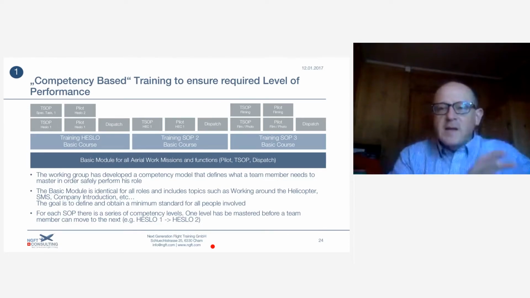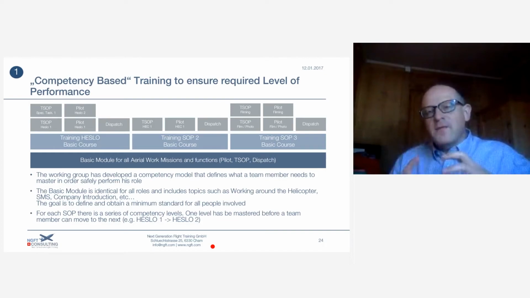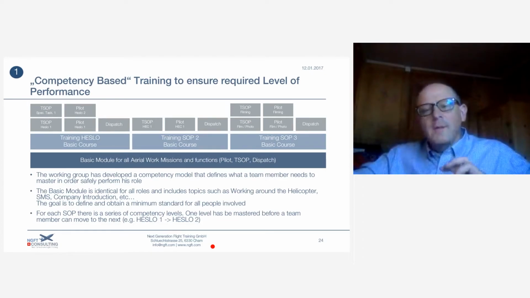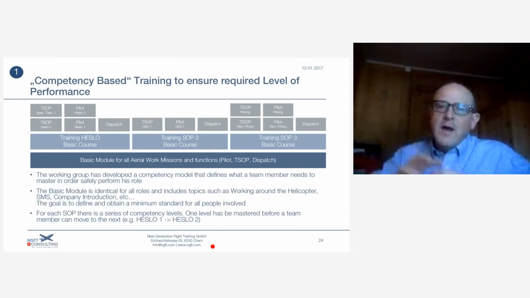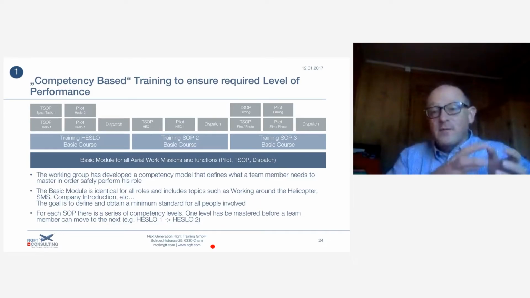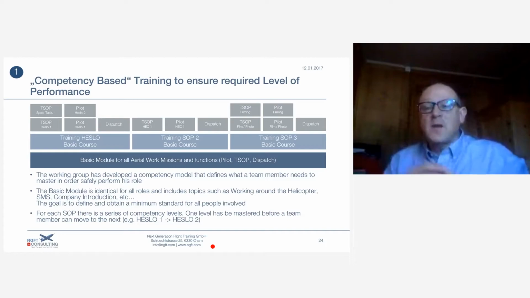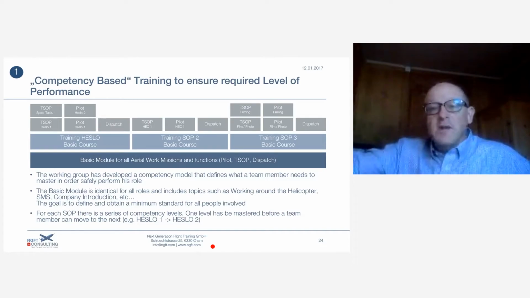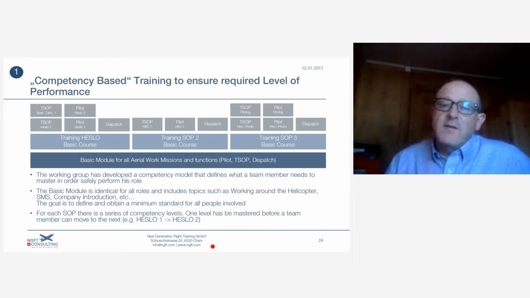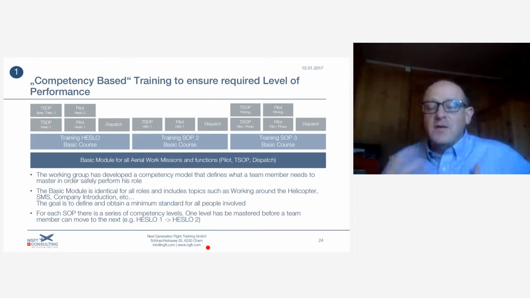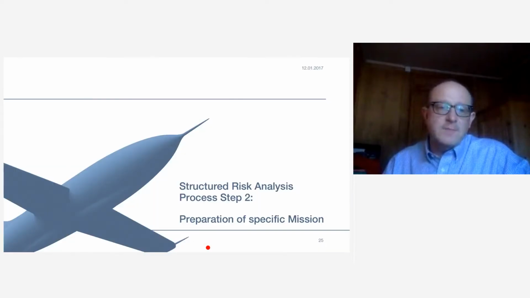Now, pilot and crew, they will have to have an opportunity to grow, to learn along the way. And so with a competency-based model, you can also classify the types of operation from simple to more complex, and then actually gradually build up the experience and the skill level of your people. And what you see here is just one possible way of dealing with that.